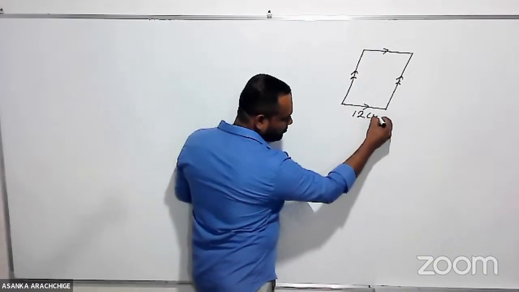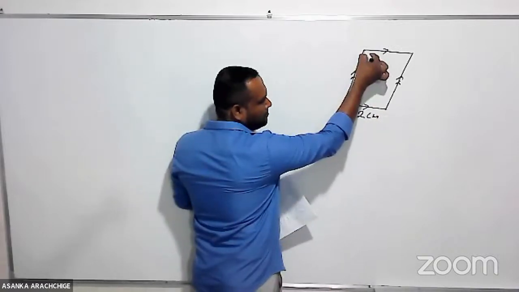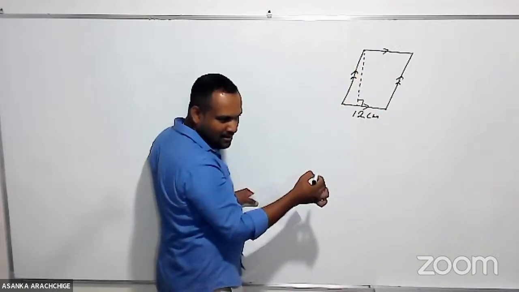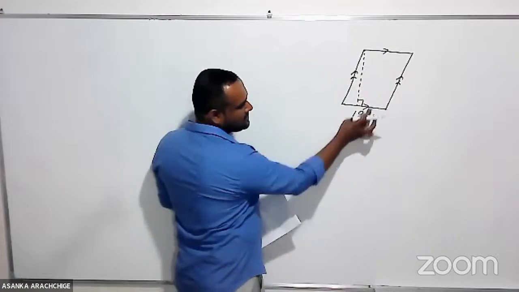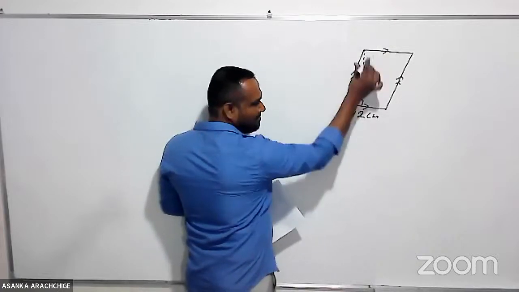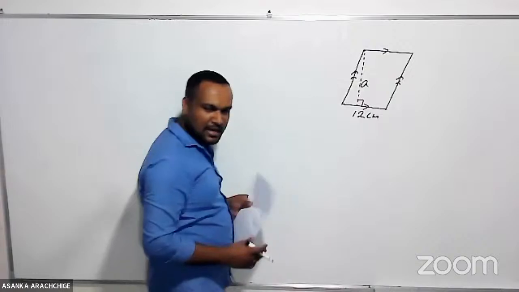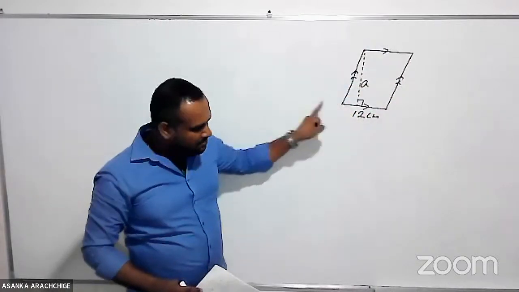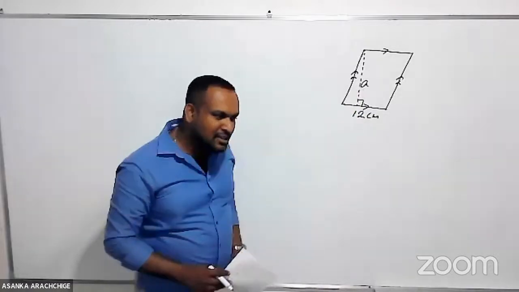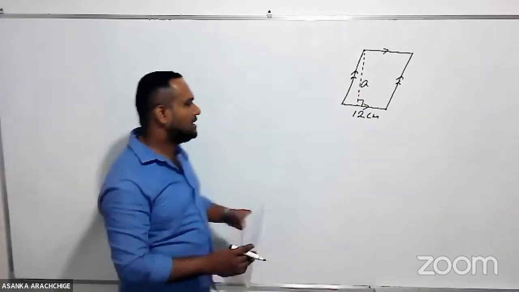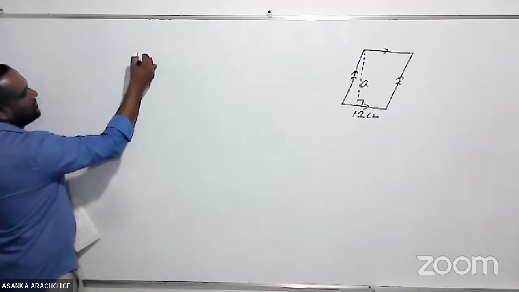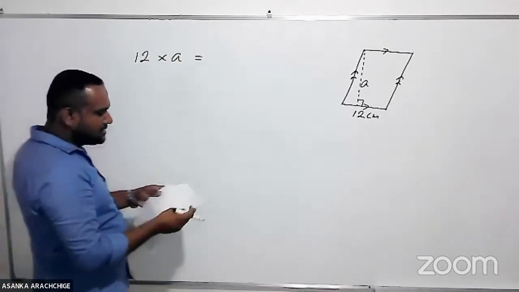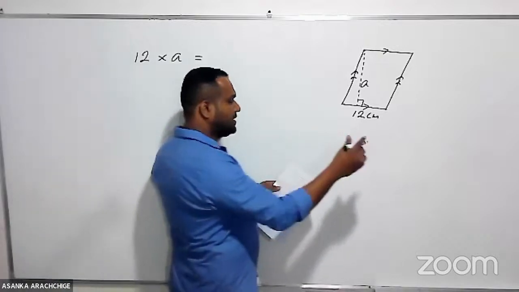And this is the perpendicular distance from this side to its opposite side, A. Tell me, what is the area of this parallelogram in terms of 12 and 8? 12 into 8.